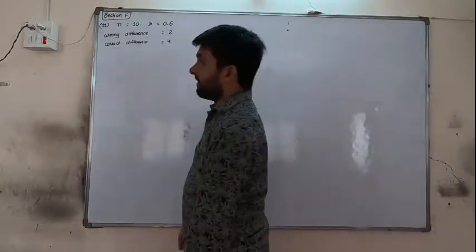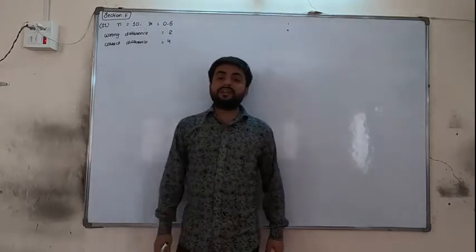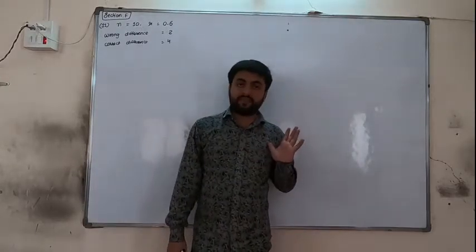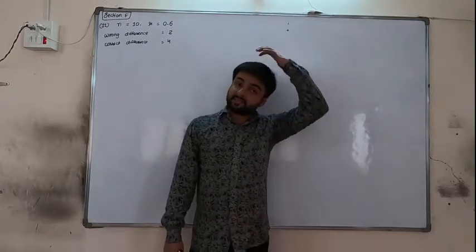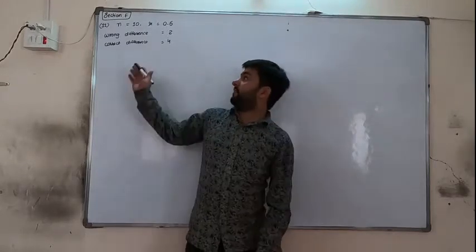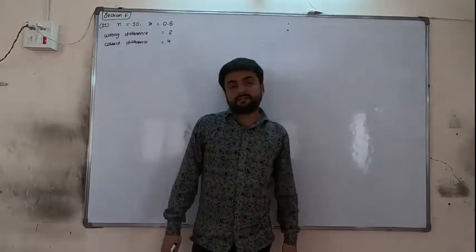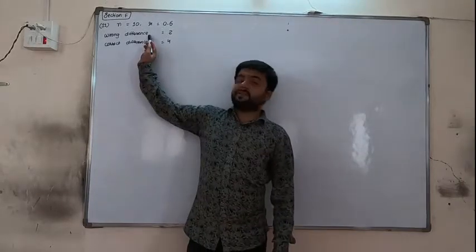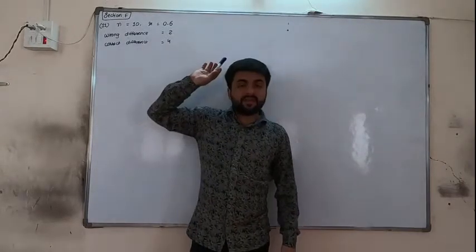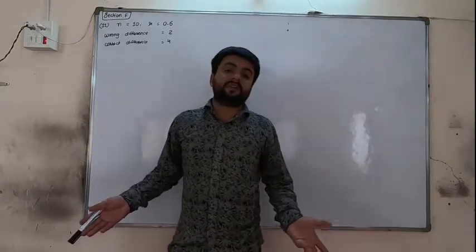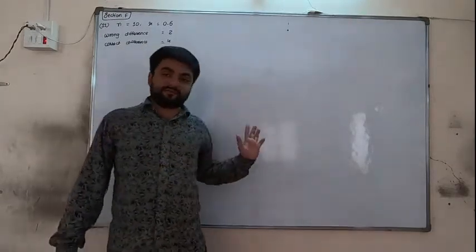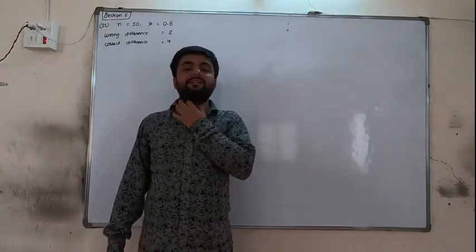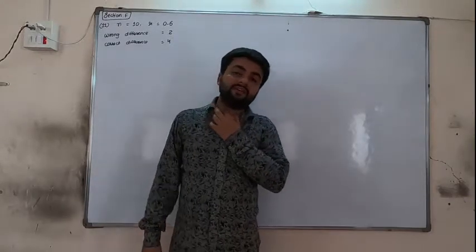Whenever we are having R, using the formula we are finding sigma d square. Now we have sigma d square, and one difference is wrong and one is correct. Now d is in square, so we should subtract the wrong difference square and add the correct difference square. We will find the corrected sigma d square. After finding corrected sigma d square, we can find the corrected value of R.